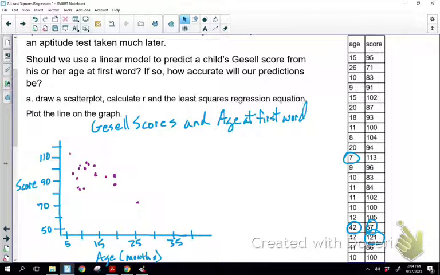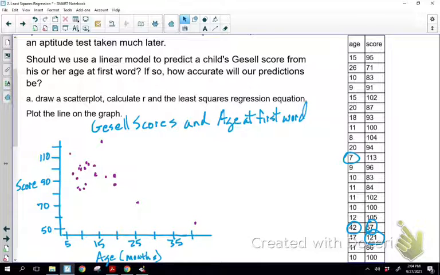And then we got this weird one, and another in there. My gosh. Okay, so there's our scatter plot.